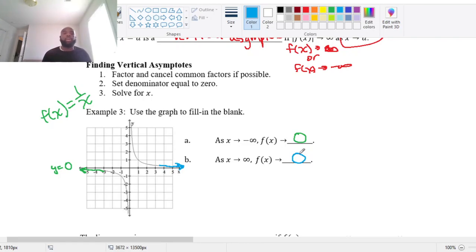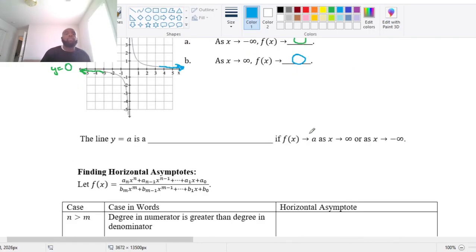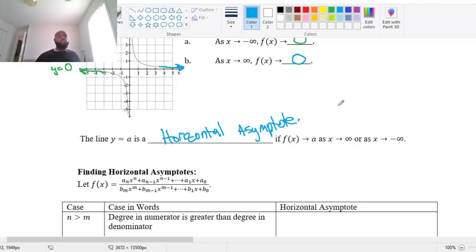When our end behavior approaches a specific number, the line that represents that number graphically is considered a horizontal asymptote. So the line y equals a is a horizontal asymptote if f of x approaches a as x approaches infinity, or if f of x approaches a as x approaches negative infinity. Whatever number your functional value approaches at positive and negative infinity creates your horizontal asymptotes.